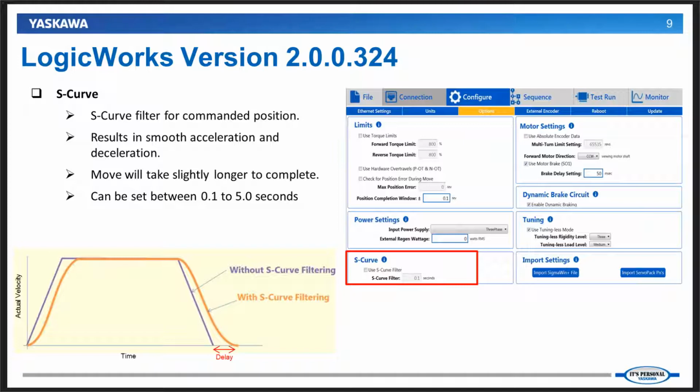For example, if your move takes about 10 seconds to complete, we advise that this parameter should be less than 5 seconds. Otherwise you could imagine that the graph will be more damped out and you will never reach the actual velocity that you wanted to reach. And again, this value is limited between 0.1 to 5 seconds on the software.